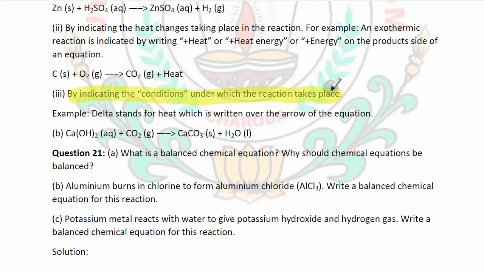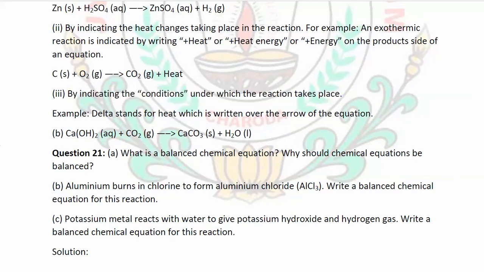For example, if we are heating, then delta is used to represent the heat. If we are increasing the pressure, then we write the amount of pressure. If we are increasing the temperature, then we write the amount of temperature increased. So by using these different things, we make a chemical equation more informative.